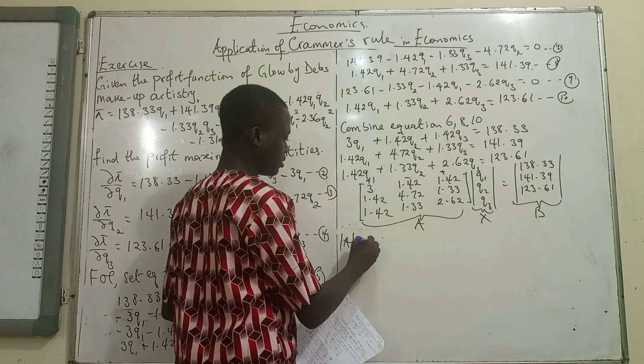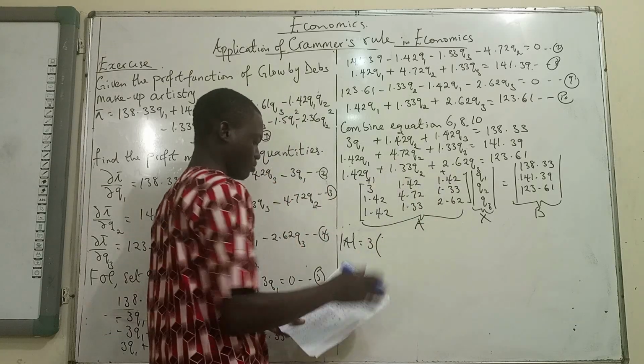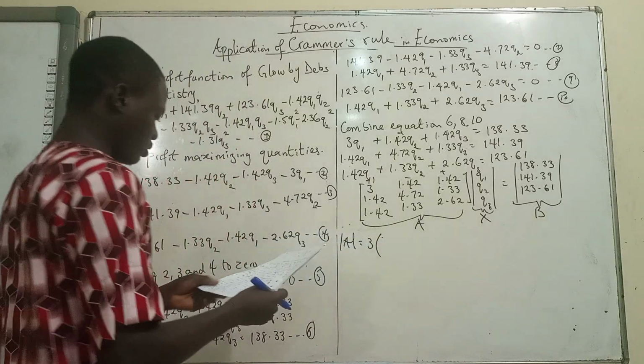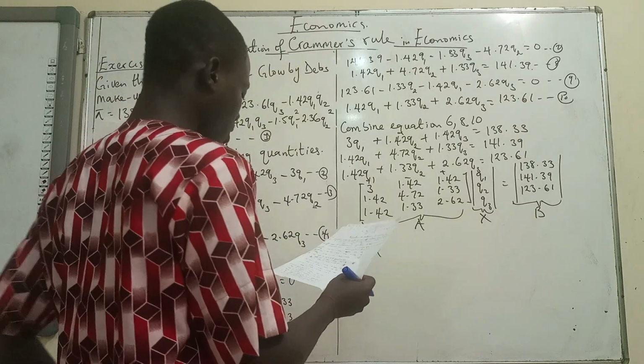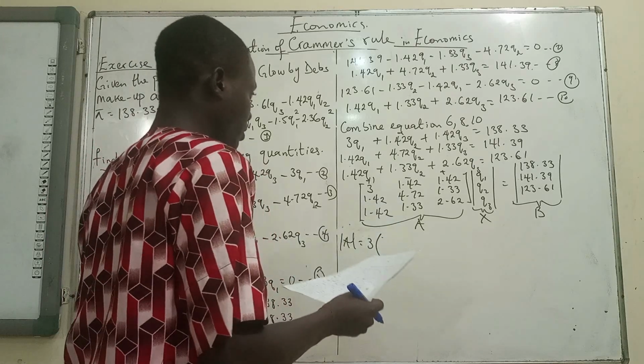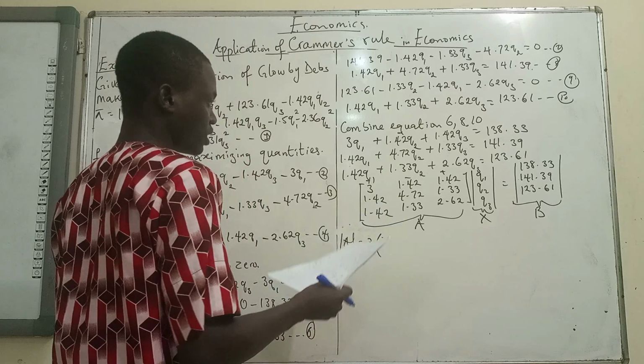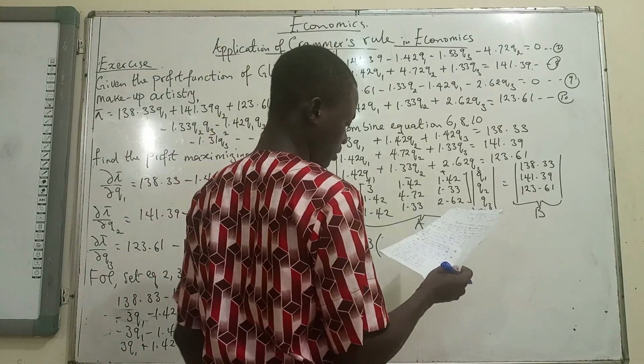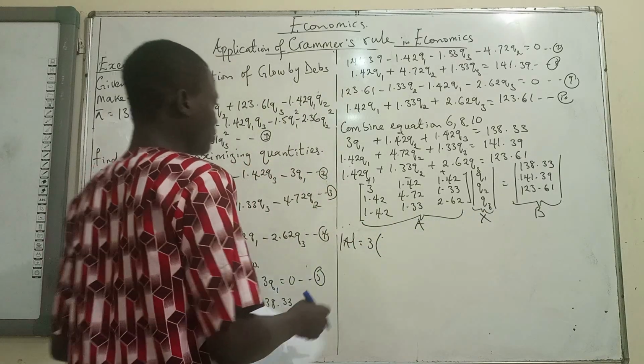So we're having 3. Let me verify the matrix itself from what I have in my notes. So 3, 1.42, 1.42, 1.42, 4.72, 1.33, 1.42, 1.33, 2.62, Q1, Q2, Q3, okay, that's right. So we can continue.